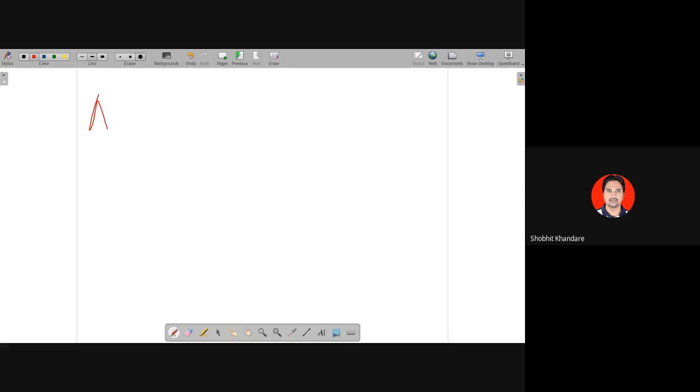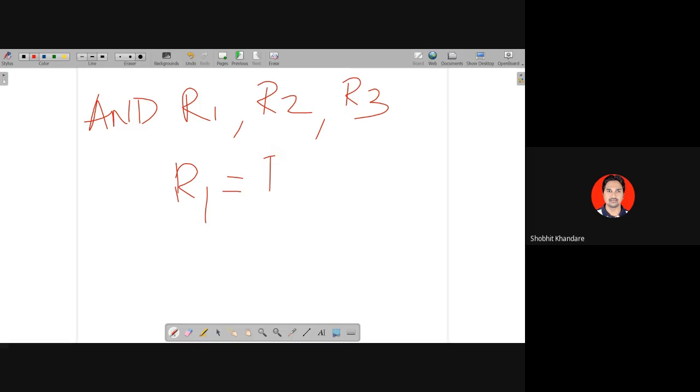For example, if I write AND R1, R2, R3, it means R1 will have the final value after I do an ANDing operation between R2 and R3.